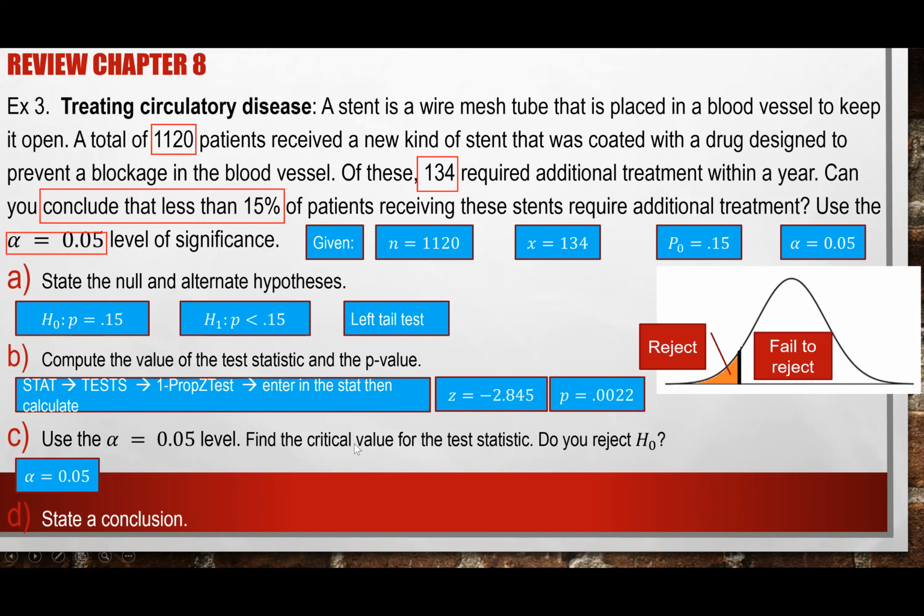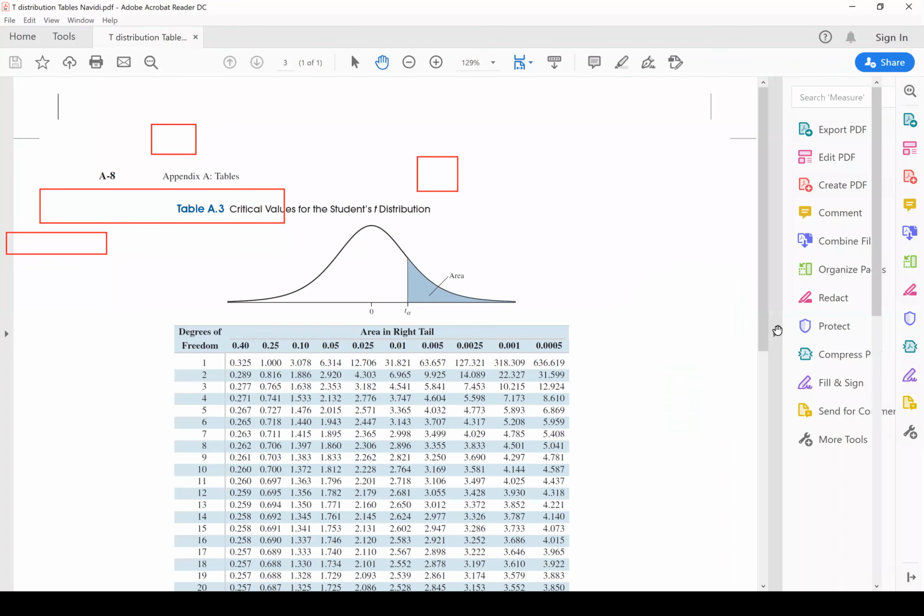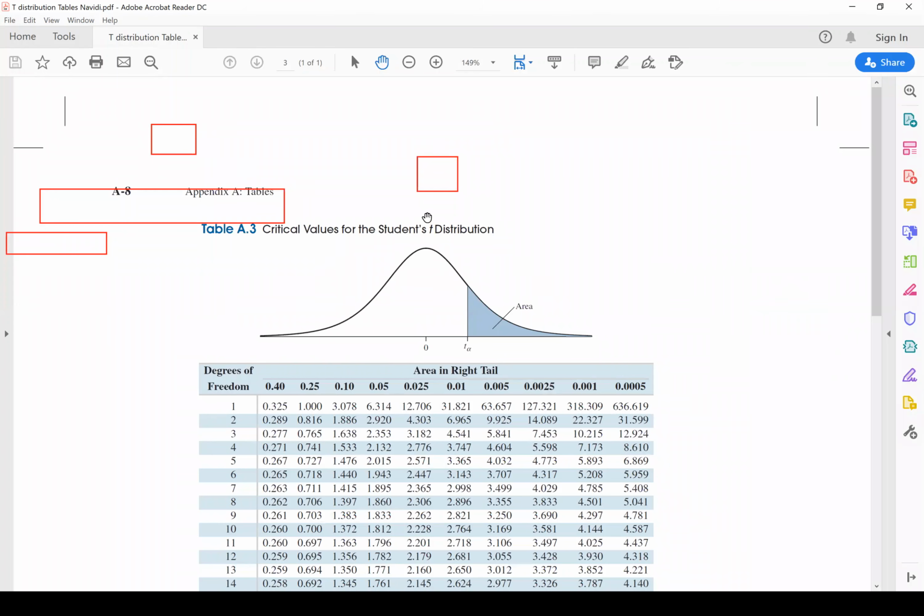But again, let's go to the critical value. For 0.05, because we use a proportion z, we're still using the z interval. Make sure this is what we have, which is the fourth column. The alpha is 0.05, which is the fourth column. I go all the way down to the bottom to my z.